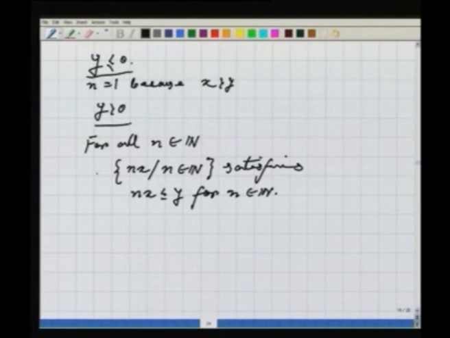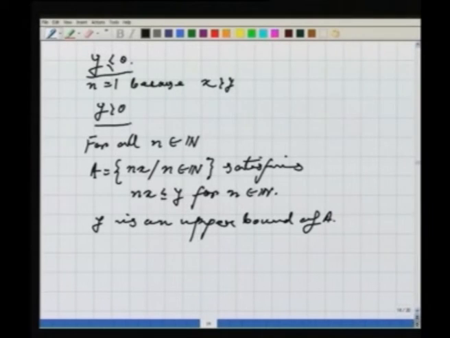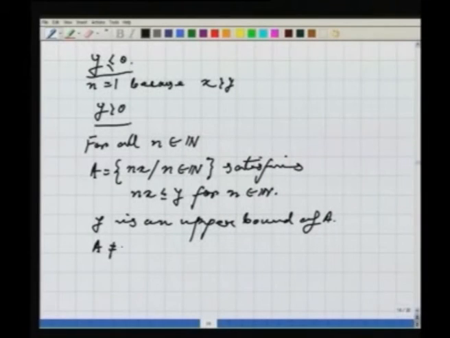Now, look at this set. If I call this set A, then it turns out that y by definition is an upper bound of this set A. So, we have y is an upper bound of A. Well, I can easily check that the set A is non-empty, because certainly the element x is there.